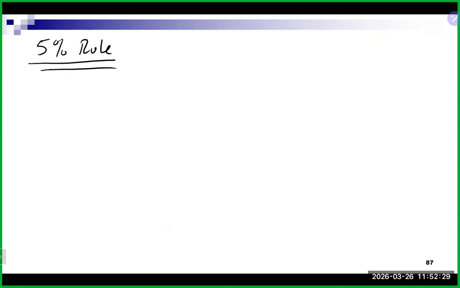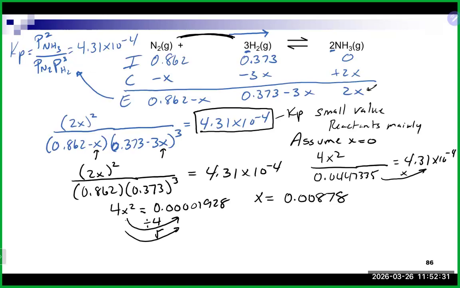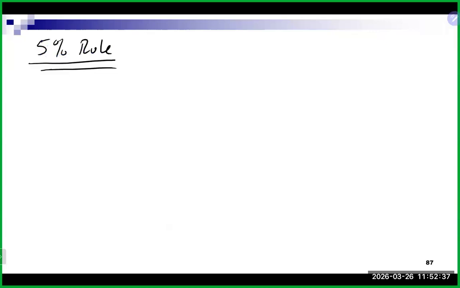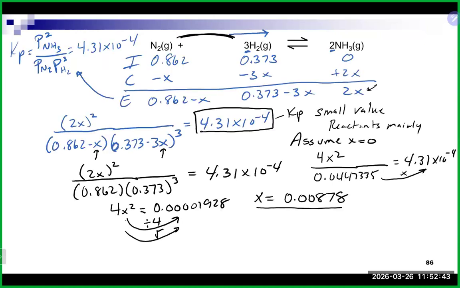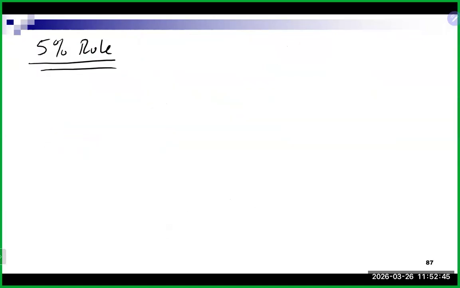So to check your assumption, here's what you do. You basically take the x value you just got, which would be this guy, and you're going to divide it by whatever you are going to subtract from. So that is 0.00878.